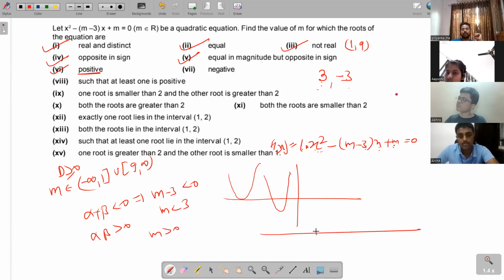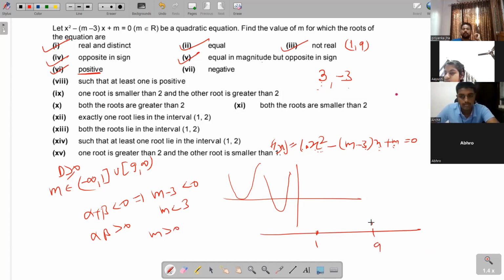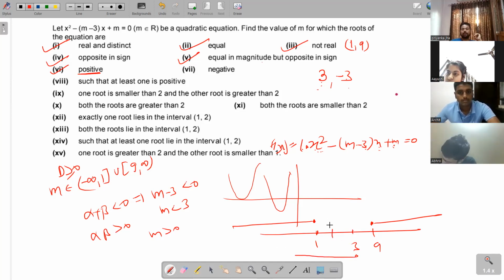So if you make a number line, so from here you will see this will be like 9 to infinity, or minus infinity to 1, 3. So from 3, oh sorry, less than 3. So this, and from it has to be more than 0. Wait. Something wrong, I think. Both roots has to be negative, na?